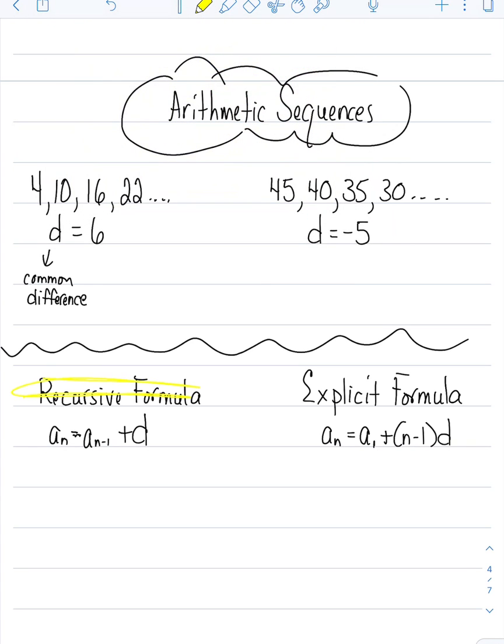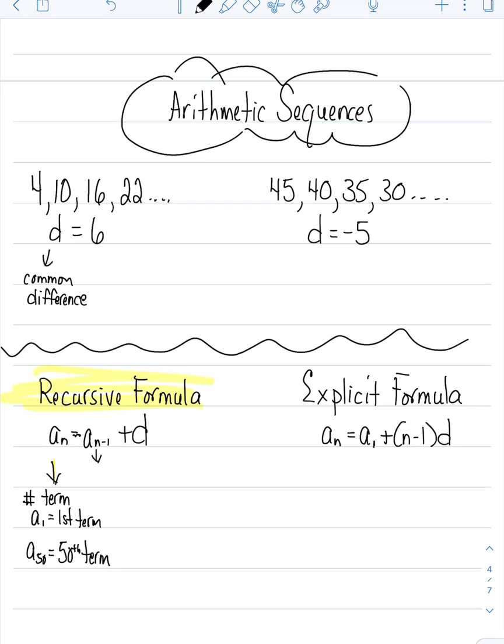So let's look at the recursive formula. A sub n simply means the number of the term. So if I put a sub 1, that means the first term. If I put a sub 50, that means the 50th term. So that just means the number of the term.